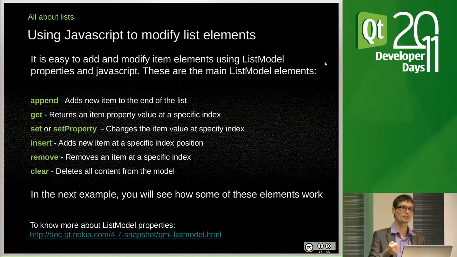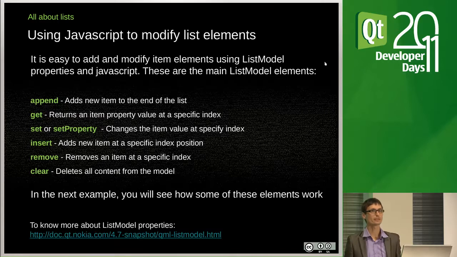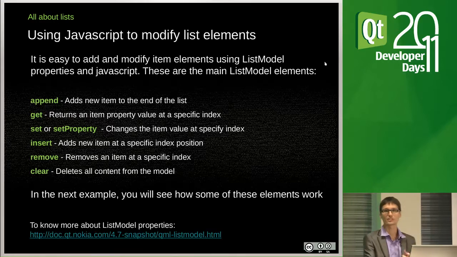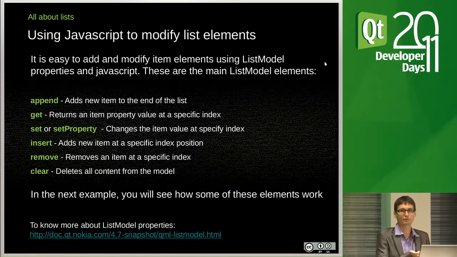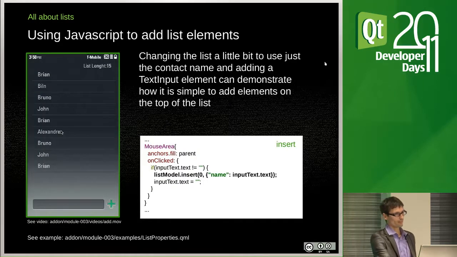What you need to do is to remove this mock model and put your real model. And where does it come from? It can come from some C++ code. It can come from an XML file. It can come from a SQL database.